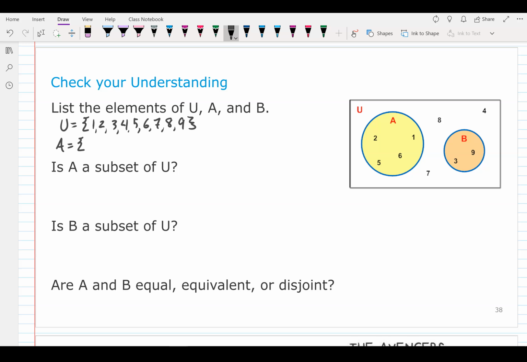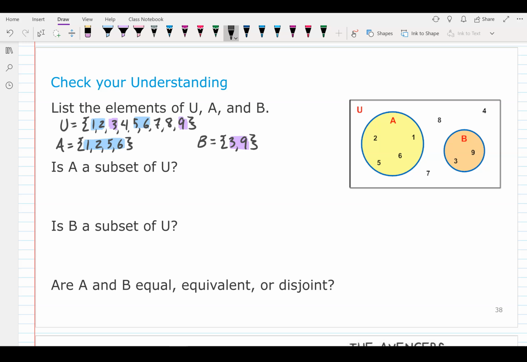It's a subset of the universal set, and it has the numbers 1, 2, 5, and 6. B is just the numbers 3 and 9. And you should hopefully see that the numbers in set A are in the universal set. The numbers in set B are also in the universal set. There's some numbers missing, but those are both subsets.